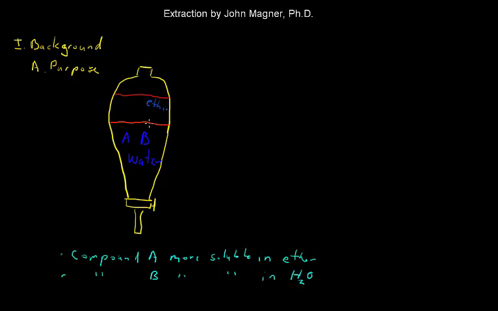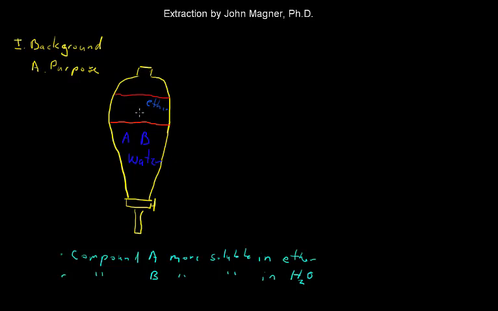Now there's one complication there, and that is that the densities of these solvents changes when you dissolve substances into these solutions. So this solution of A and B, this aqueous solution, will not exactly have a density that is the same as water because there's stuff that's dissolved into it. And once things get dissolved in the ether, density will change as well.